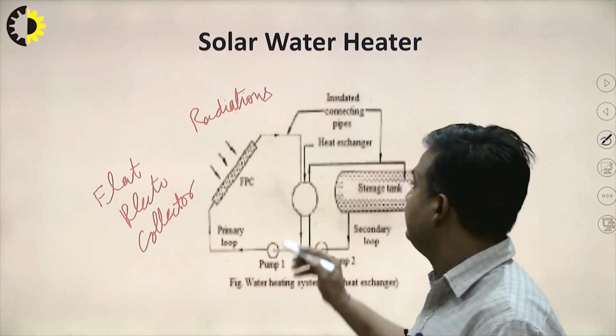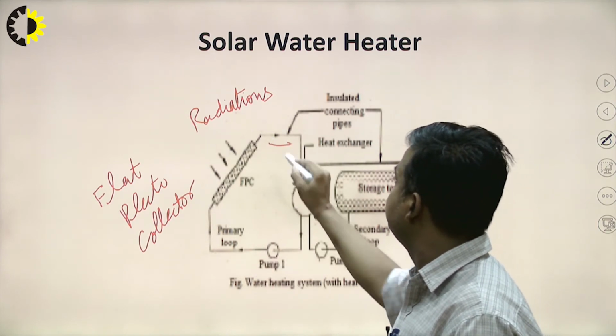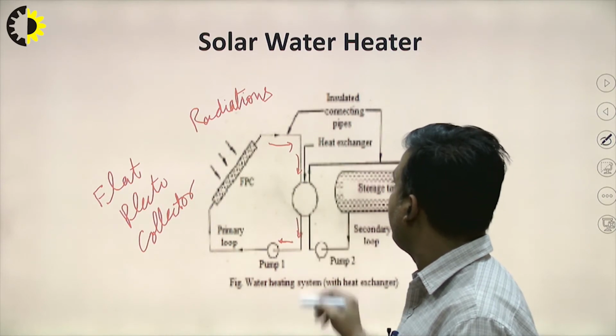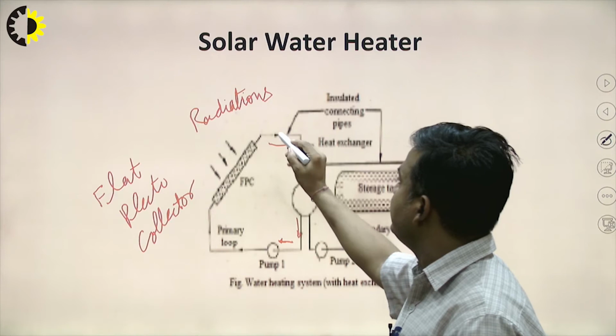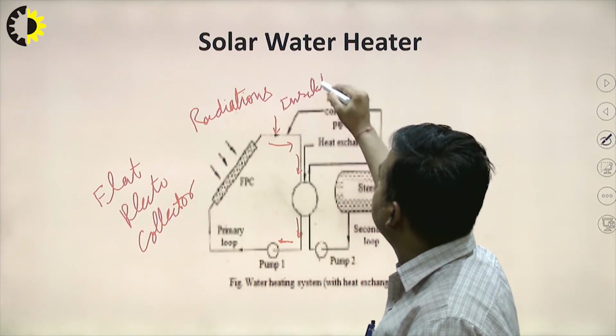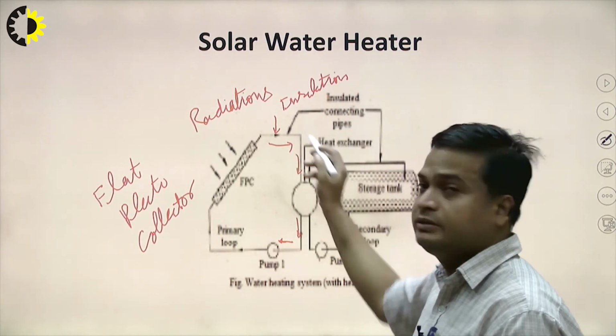After that, the fluid is flowing through this direction. These pipes are insulated, to reduce the heat losses through this pipe.